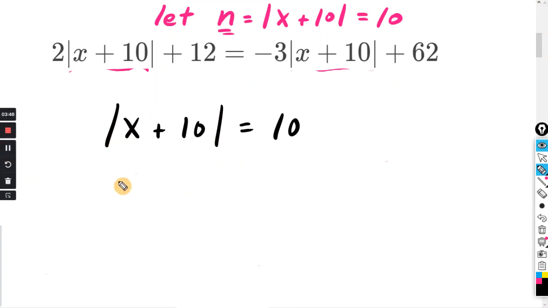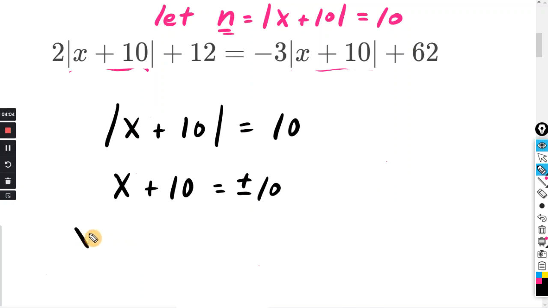So just remove the absolute value. So we have x plus 10, and that's going to equal positive or negative 10. All right, so we actually have two separate equations here.